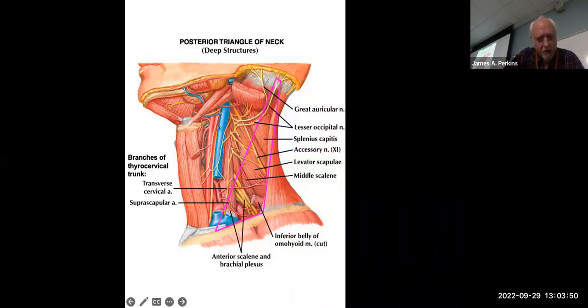Some of these other structures we're going to come back to and see later, so you don't have to worry about them right now. We'll do a deeper dissection of the neck right after this next exam. There's a couple of arteries here, transverse cervical artery and suprascapular artery, that are originating off of the subclavian artery. I doubt anybody saw these in lab on Tuesday, and you're not going to go looking for them again today. So don't worry about these right now.